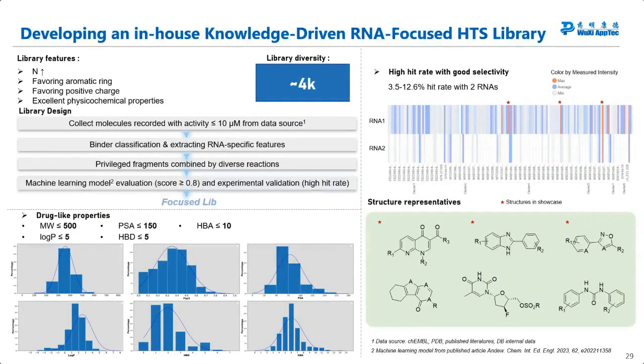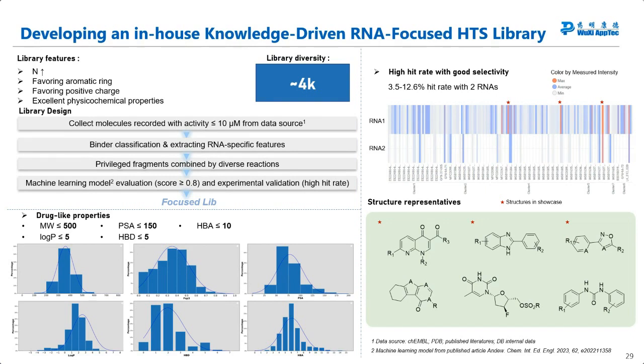Well, the last take-home message I want to bring here is that we are expanding our toolbox to better support RNA drug discovery, relying on the knowledge accumulated from previous RNA screening using either DAL, fragment library, or HTS screening. We have collected building blocks, fragments, and compounds that are conducive to RNA.